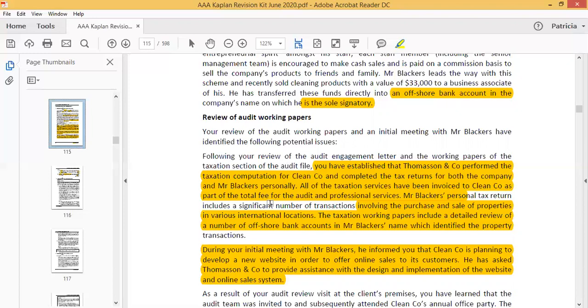And this is whereby you say these transactions may be examples of real estate laundering by Mr. Blacker, because as you can see, he was purchasing these properties. So it's a clear indicator of placement, whereby he may have used illegal cash proceeds to buy those properties, and then he sold them in order to make the funds appear legitimate.